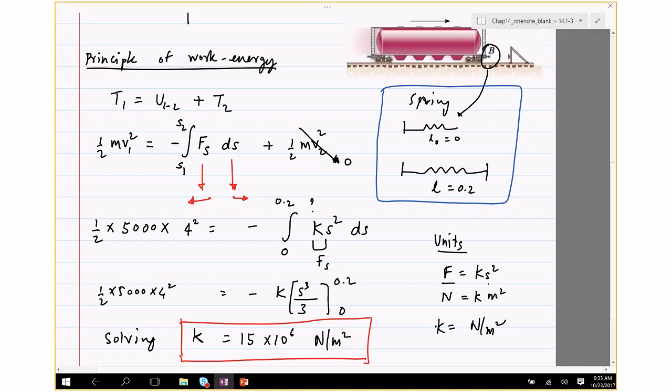Any questions on this? Should be negative. Yeah, k is not negative.